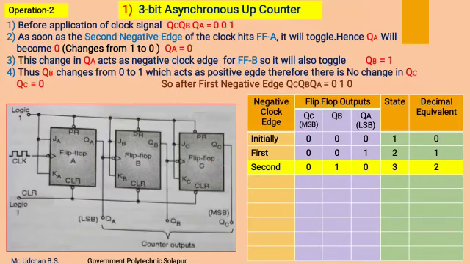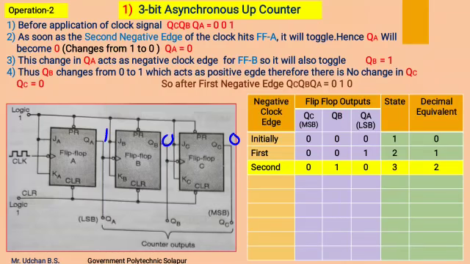Now we will see what will happen at the second negative edge of the clock pulse. Before that, we will write down the outputs of all the flip-flops before the application of the clock pulse. Here QC is 0, QB is also 0, and QA is 1.